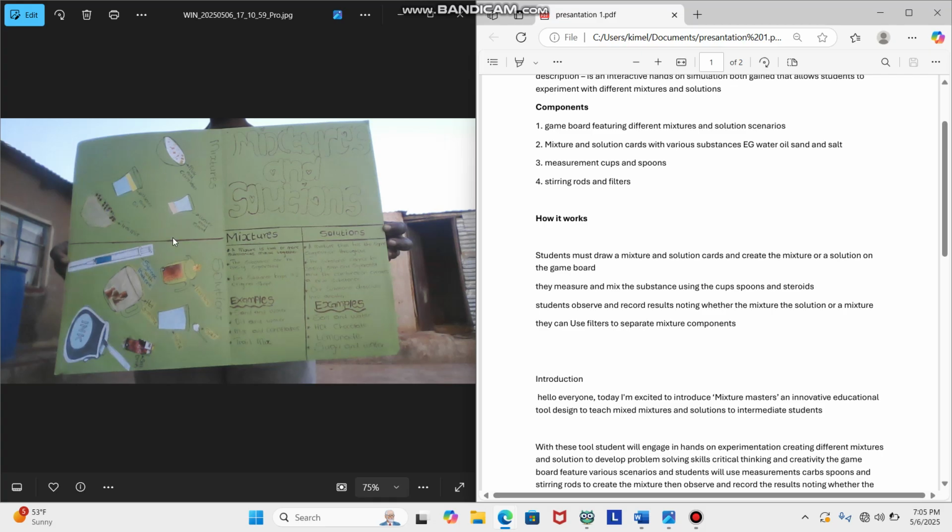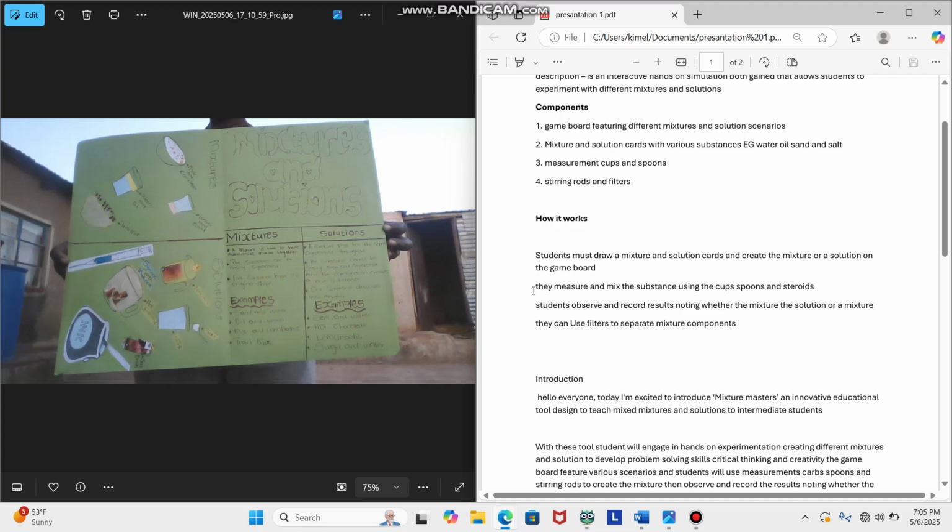When you paste on this board, you determine whether the picture of the substance you have is a mixture or a solution. And how can you tell? By so doing, you need to know what we mean by the term mixture and what we mean by the term solution. I'm still coming to that.